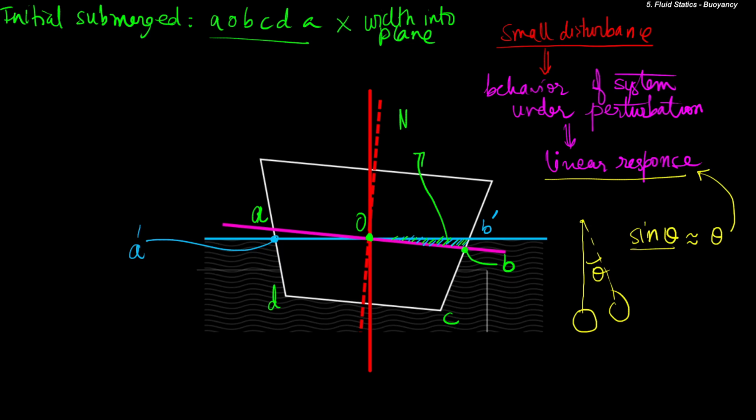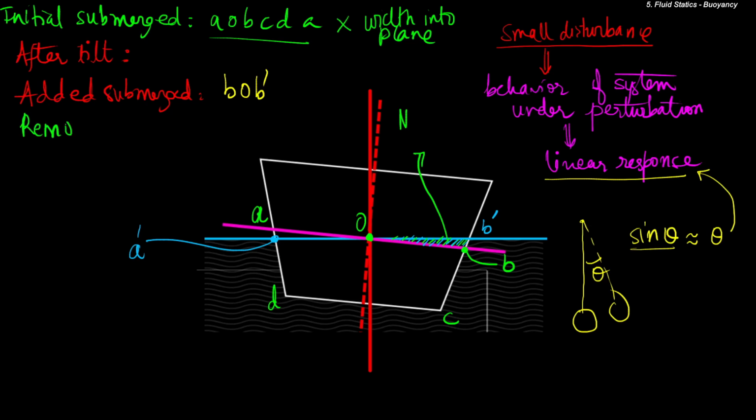So after tilt, the added submerged volume is going to be B O B prime, and the removed submerged volume, meaning it is no longer submerged, is A O A prime.